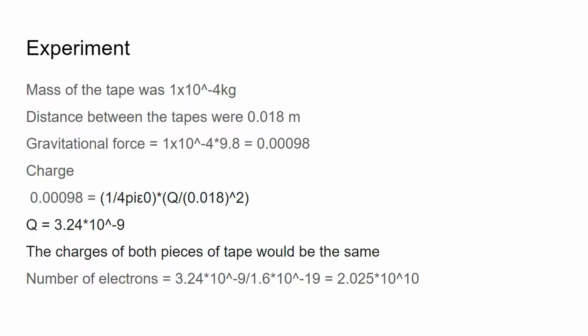Then you plug it into the function for the electric force to get the charge, which gives you a charge of 3.24 × 10⁻⁹, and the charge of both tapes would be the same. And then to find the number of electrons, you just divide that by the charge of the electron, which would give you 2.025 × 10¹⁰ electrons on each piece of tape.